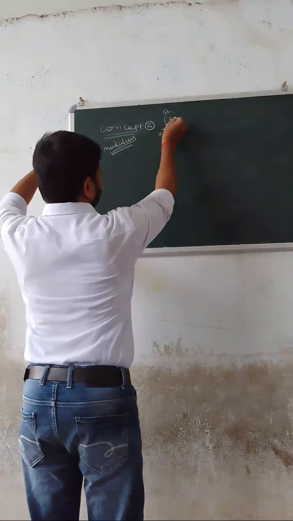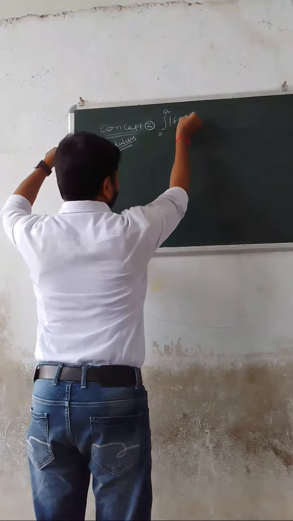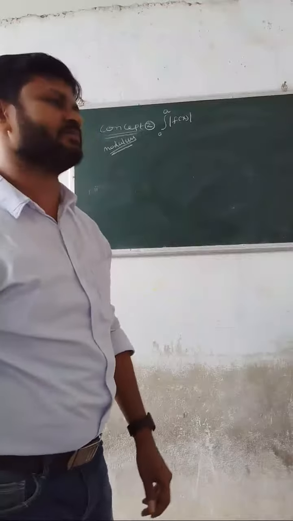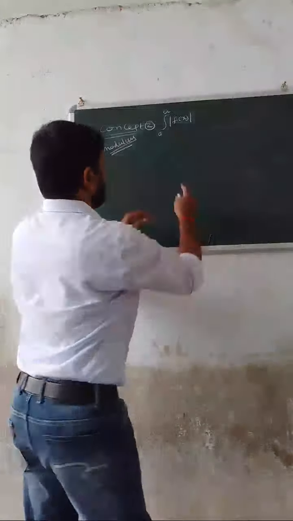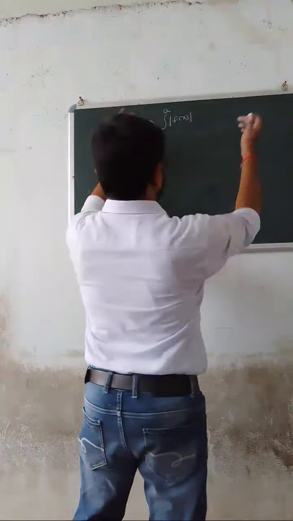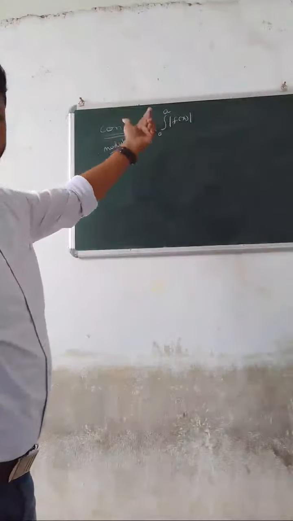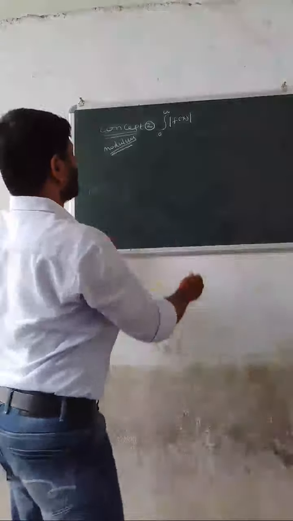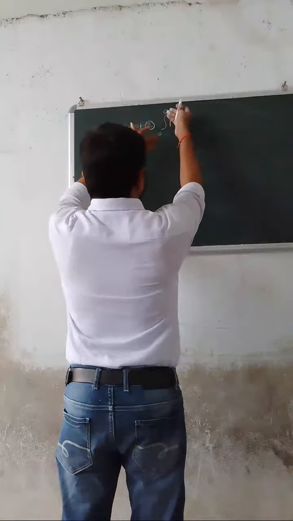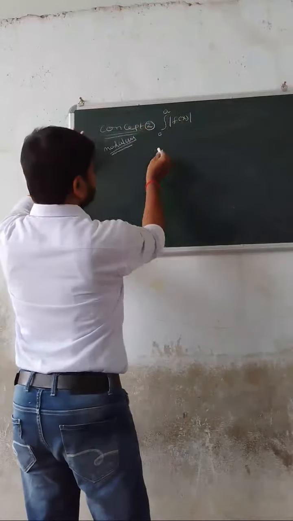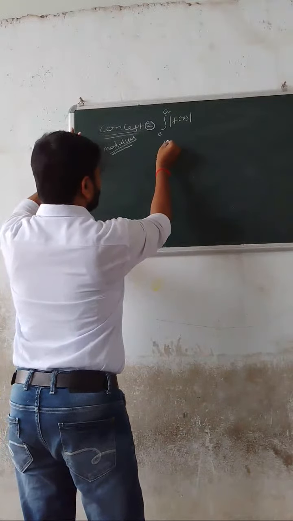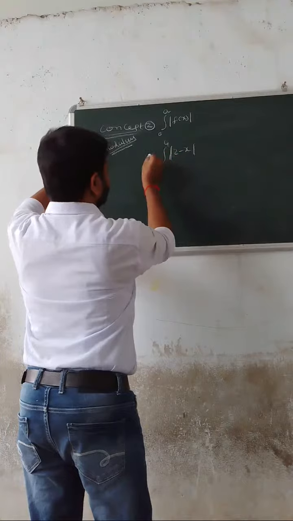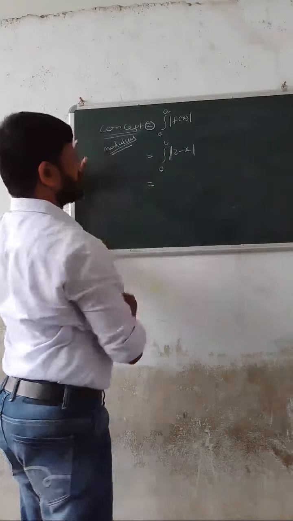What is the modulus concept, sir? This can be split into two parts. The limits 0 to a are split into two parts. For example, 0 to 4 modulus 2 minus x. I will explain it. This is the question.